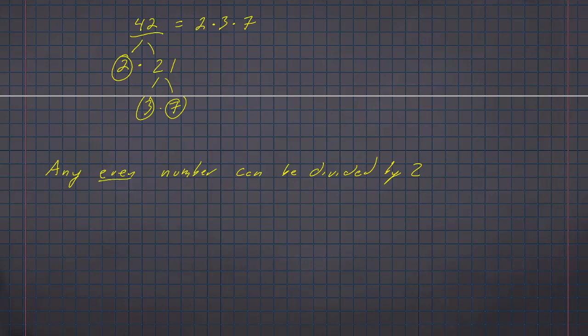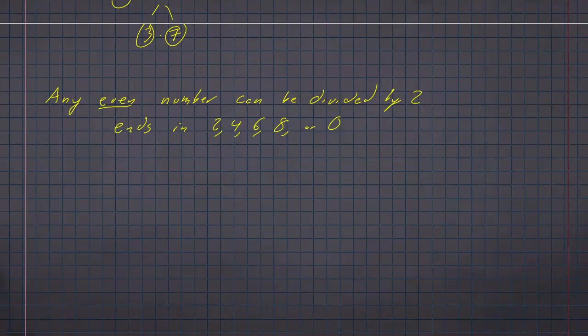If you don't remember, an even number is a number that ends in 2, 4, 6, 8, or 0. And that's a very useful skill for looking at factorization.